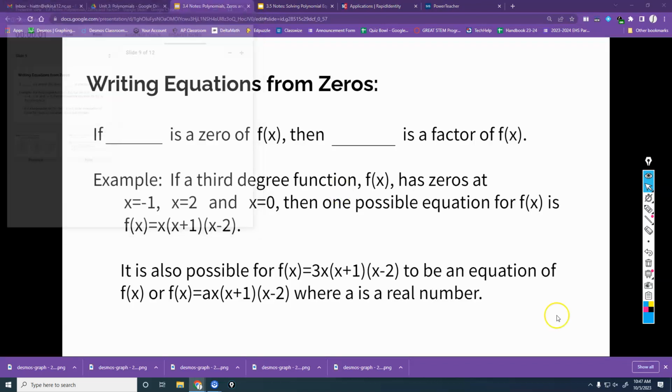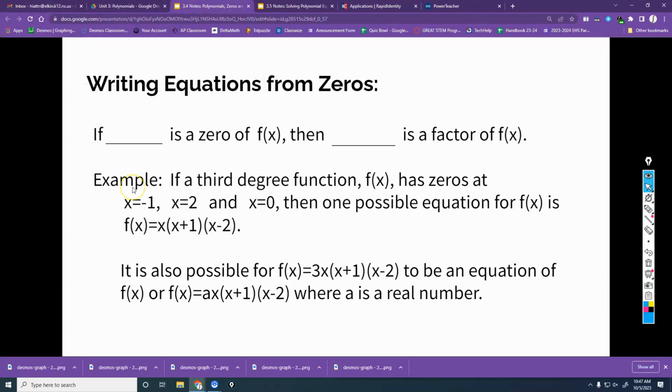All right, so we have been looking at equations and finding zeros. We also need to be able to look at zeros and think about what the equation would look like. So, if x equals c is a 0, then x minus c is a factor.